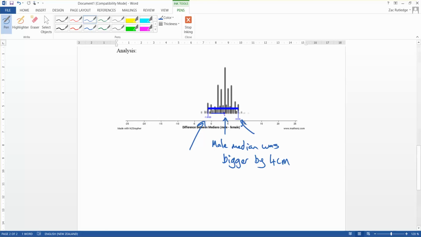So what this -1 means is that back in the population, we could expect that the median could be 1 centimeter higher for females. And over here, the 8, all the way through to, we could expect it to be up to 8 centimeters higher for males.